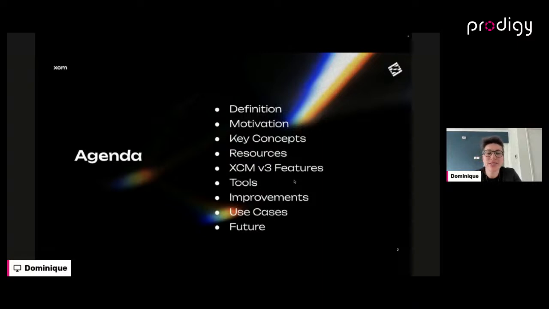Some improvements on the XCM format right now that happened, and that's good to share because you know what you can use. Again, some use cases to give you some ideas, and then motivation to think of your own use cases on your own things to build. And then the next versions that are coming, which is v4 and v5.